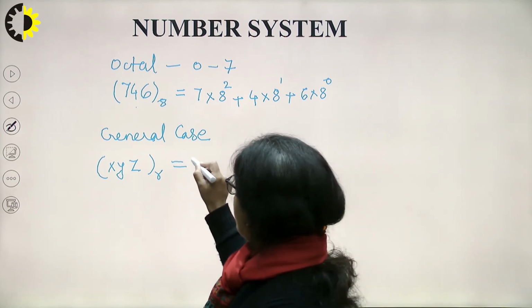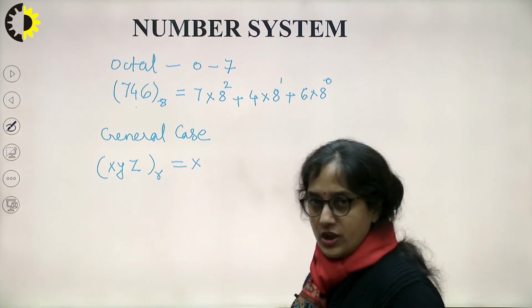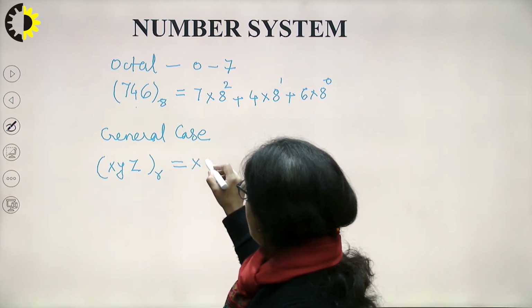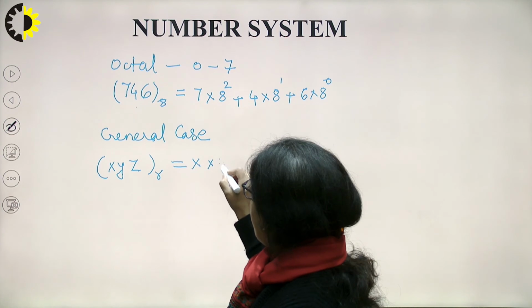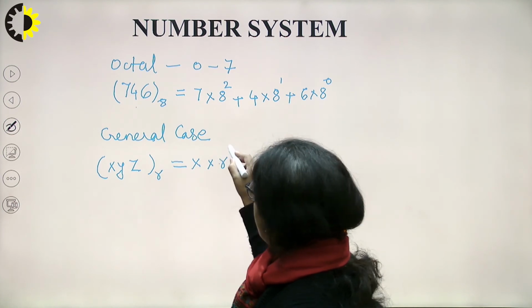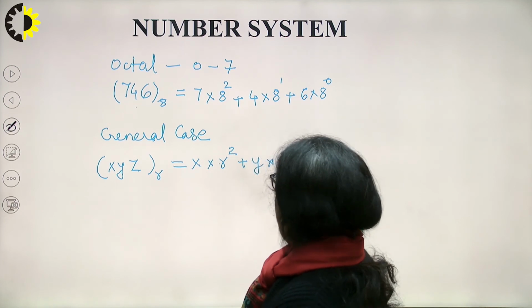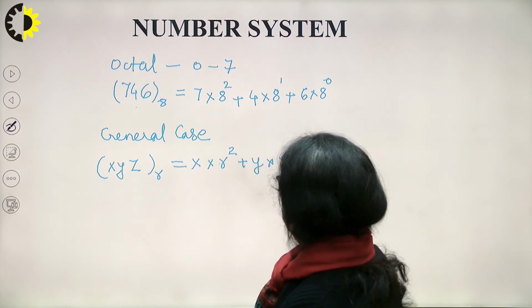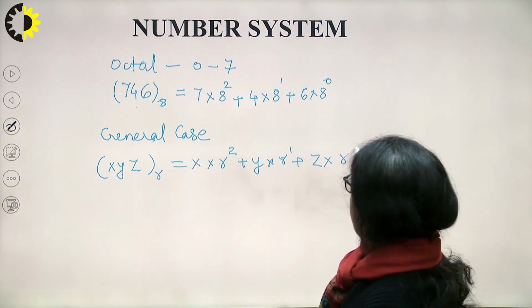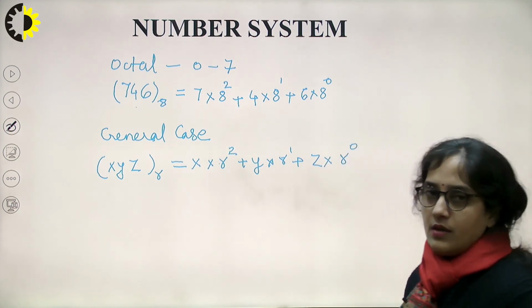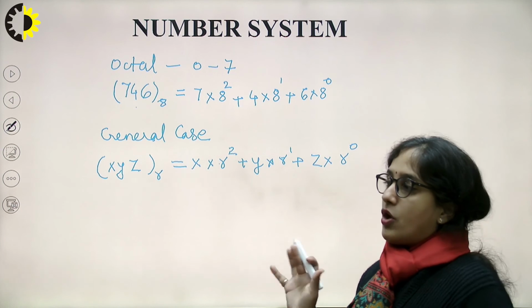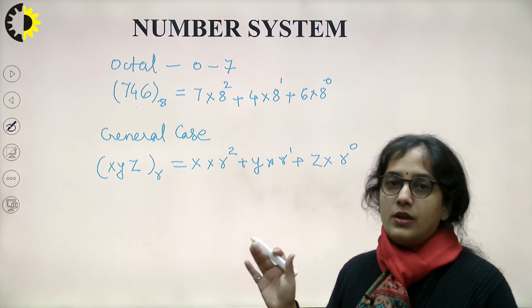How are we going to do that? We will use the first digit x into r to the power 2, plus y into r to the power 1, plus z into r to the power 0. This is all I am considering on the whole number side.